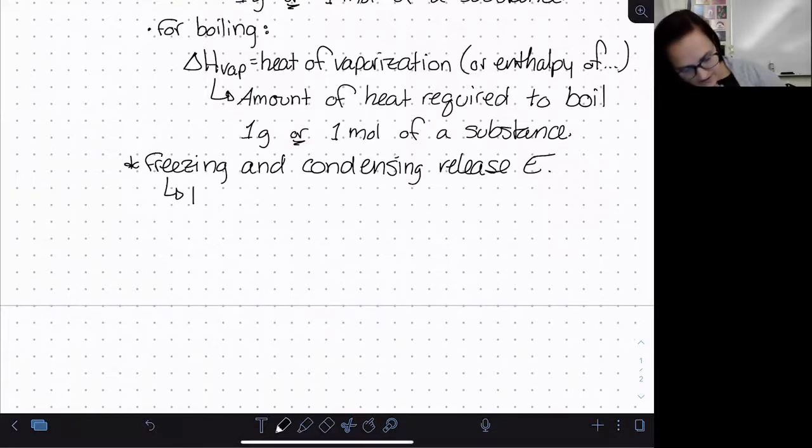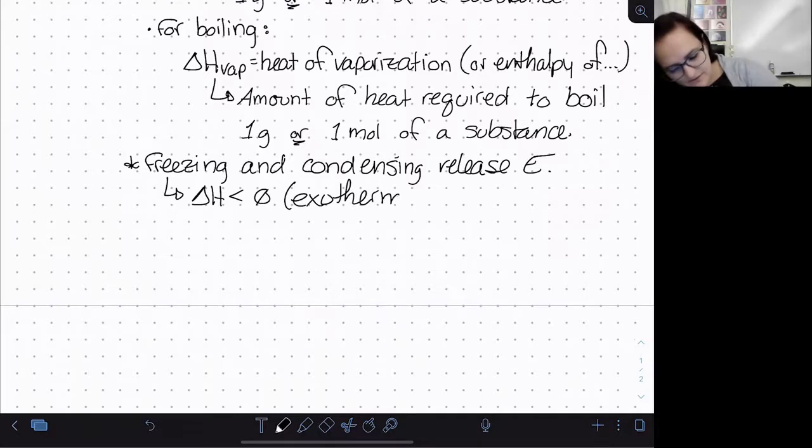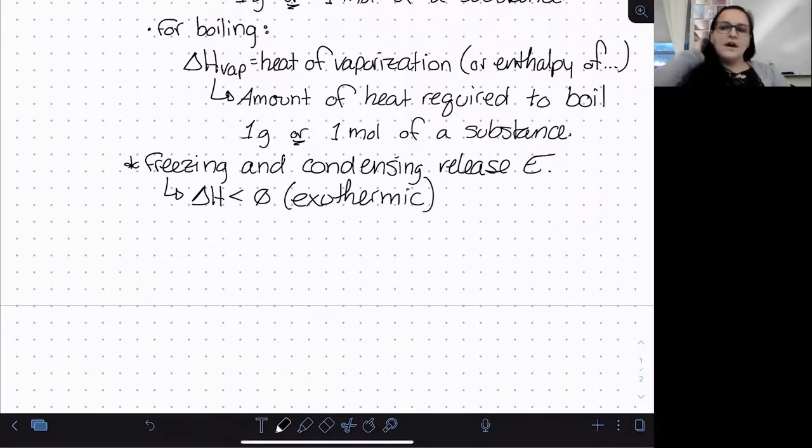Which means that delta H for these are going to be less than 0. They are exothermic processes. And these don't actually get special named delta H values because they're just equal and opposite to the ones we just talked about. So freezing and melting are opposite processes.